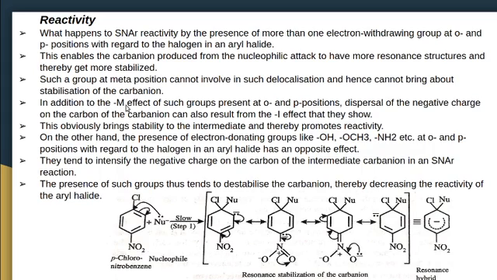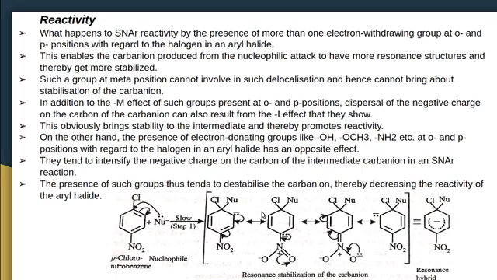In addition to the minus M effect of such groups, minus M effect meaning resonance effect, the mesomeric effect, the NO2 group has a minus M effect, which means it withdraws electrons from the ring towards itself. Present at ortho and para positions, dispersal of negative charge on the carbon of the carbanion can also result from the minus I effect that they show.